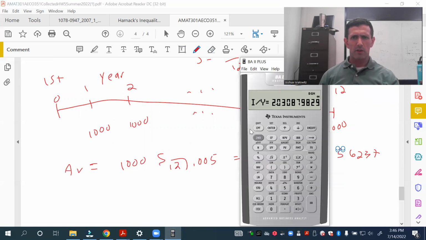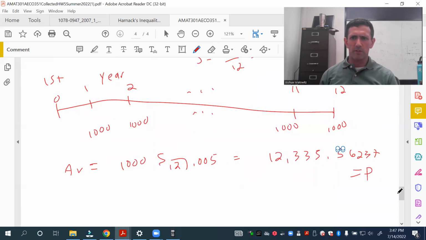Okay, so get out of annuity due mode, and we're in annuity immediate mode. Clear TVM. 1000 payment, 12 N, 0.5% interest. Compute future value: 12,335.56237. And remember, I called that P to make life easier.